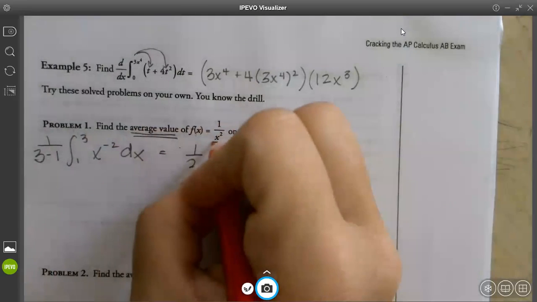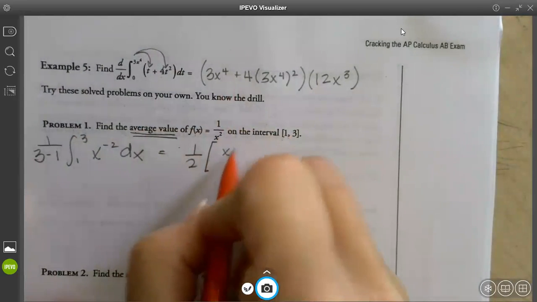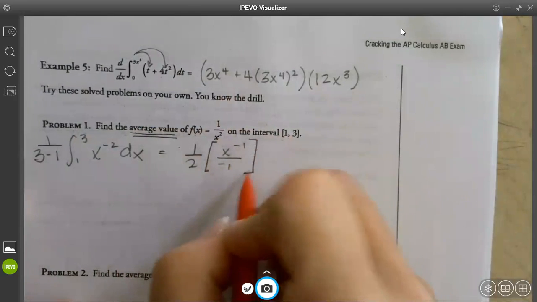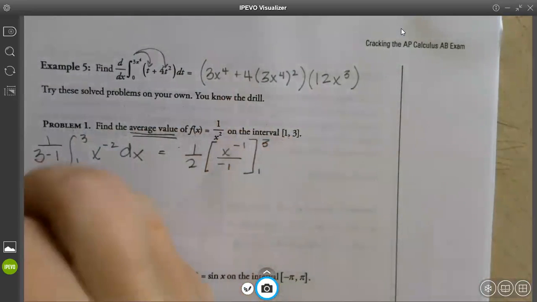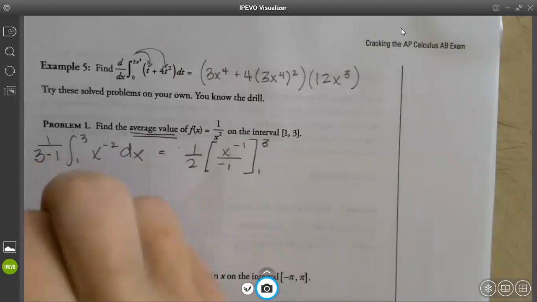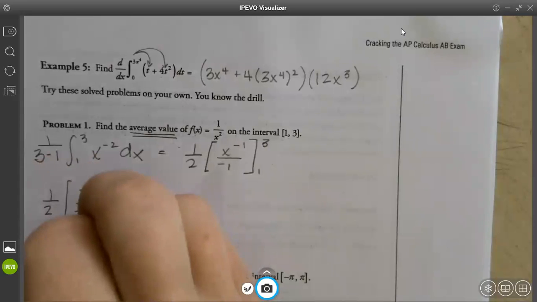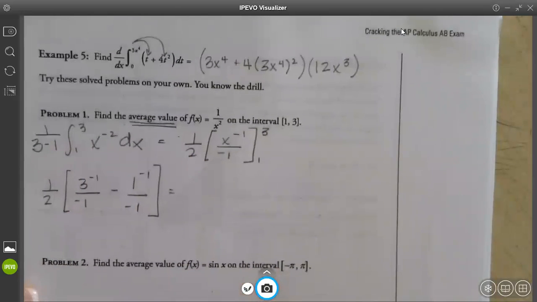We get 1/2 times the integration of x to the -2, which is x to the -1 over -1 from 1 to 3. And then we're going to plug in. So we get 1/2 times 3 to the -1 over -1 minus 1 to the -1 over -1. I know that you can simplify and reduce that. I'm not worried about you doing that. When we finish, we'll get 1/3. It's just the process that you need to know, and the calculator is going to be easy.